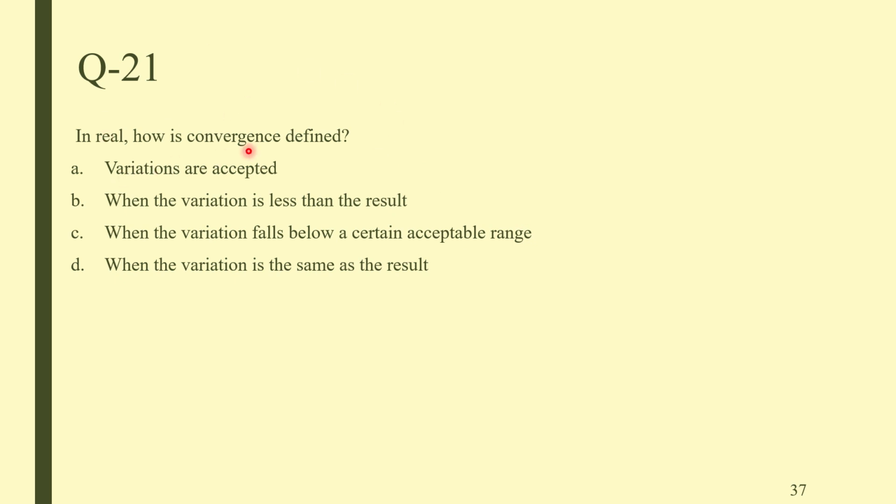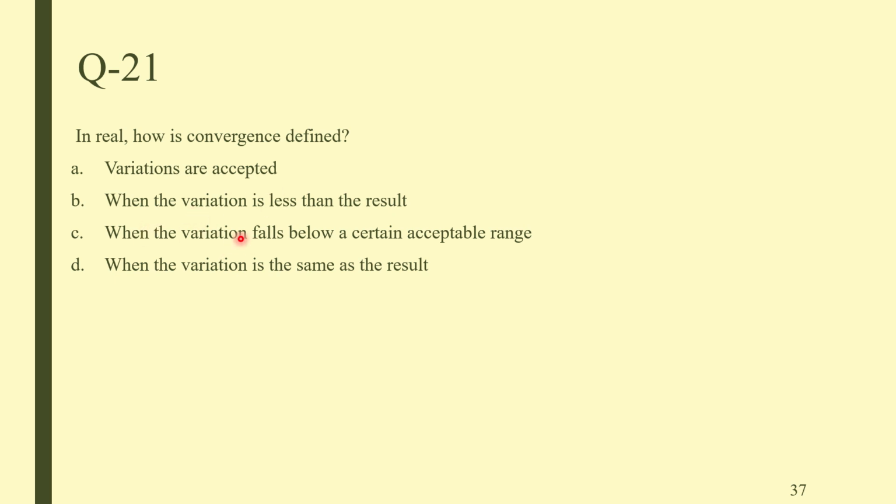Whereas in option A, it is variations are accepted. What do we mean by that? How much variation is accepted? It is not given correctly, so A is false. B is when variation is less than the result. Variation would always be less than the result, but it doesn't make sense here.